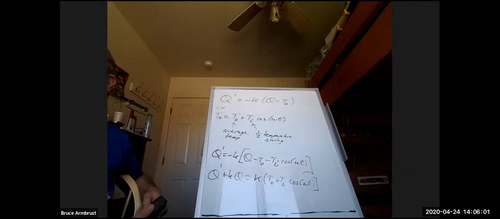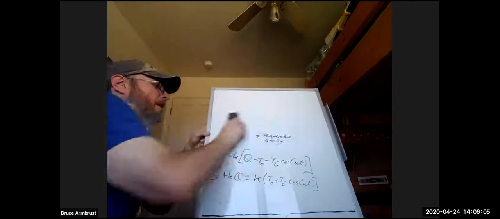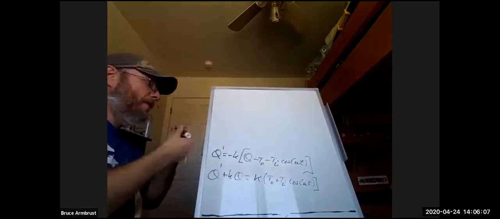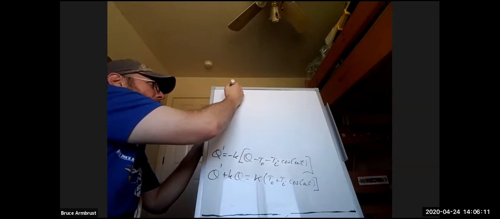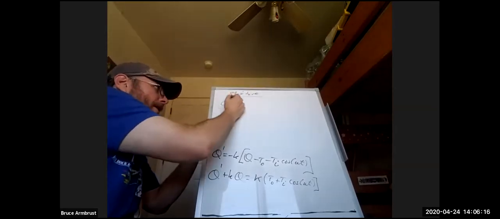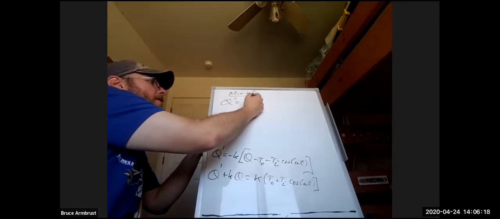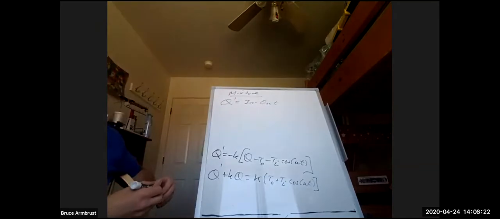So let me first remind you about the mixture. When we did the mixture problem, what we were really looking at is just in minus out, right? We were looking at Q prime. How is Q changing coming in? And how is Q changing going out?